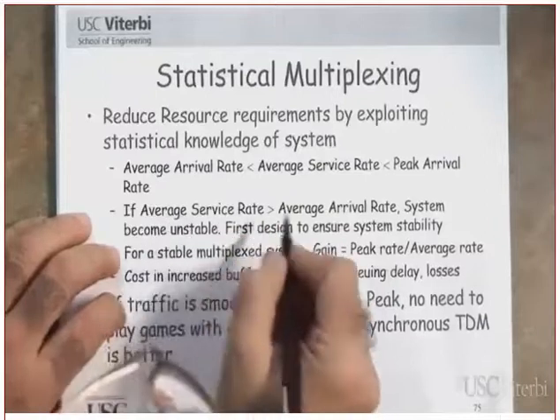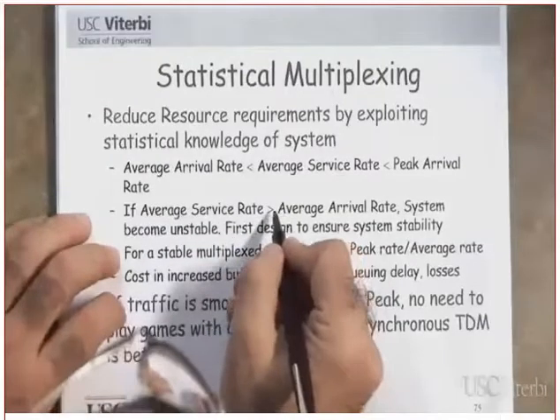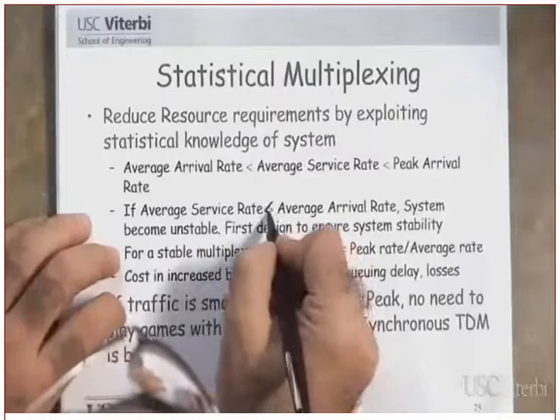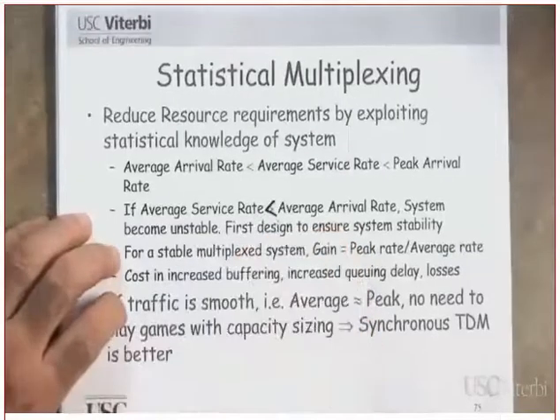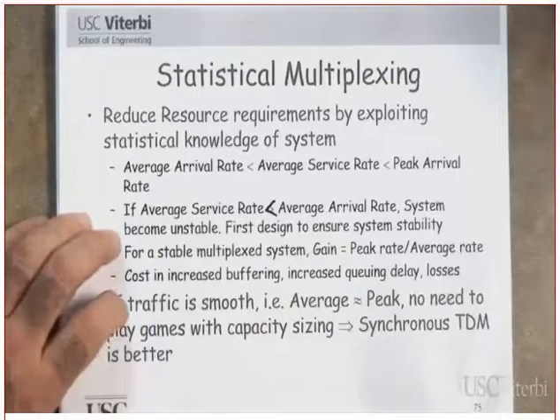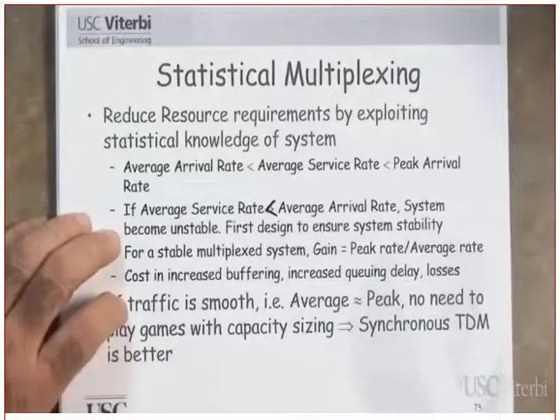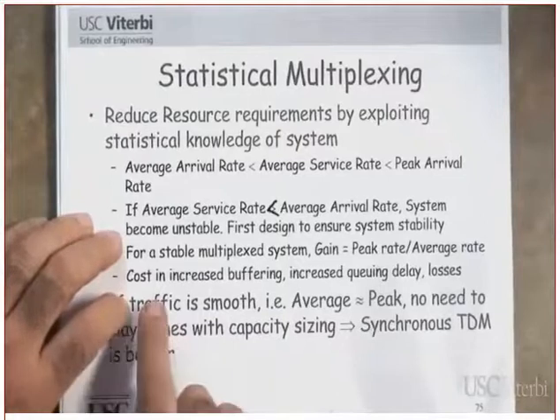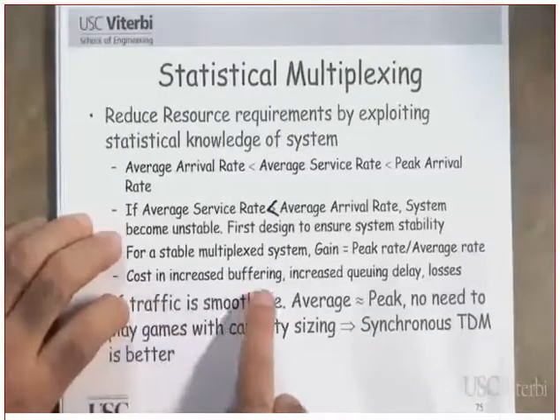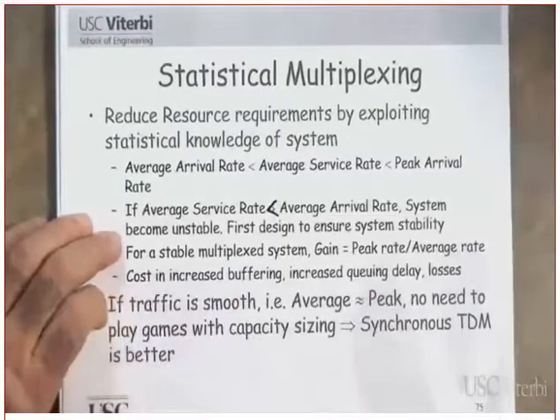Correct this one. If the average service rate is less than the average arrival rate, the system becomes unstable, as I will show in just a second. So the first thing to do is to try to ensure that the system is stable. The cost, of course, is increased buffering, increased queuing delays, and so on and so forth.